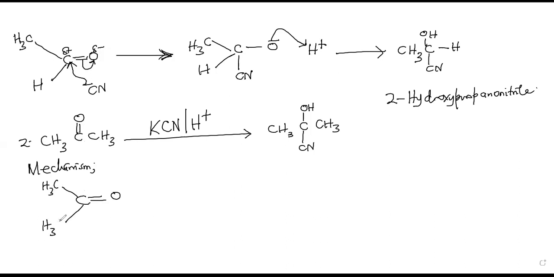So bring your cyanide, because you have to first show me that this is partially positive and this is partially negative. So when you bring this, this arrow must go to carbon, which is electron deficient, the nucleophile meaning electrons are going to carbon.